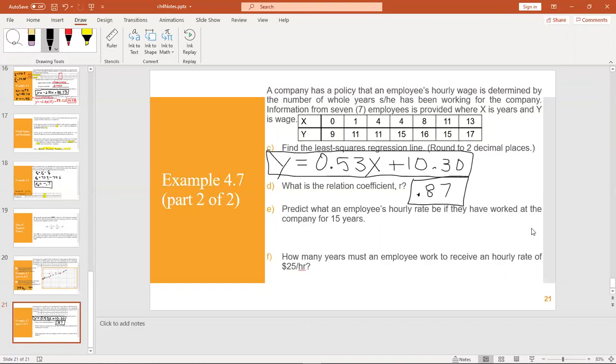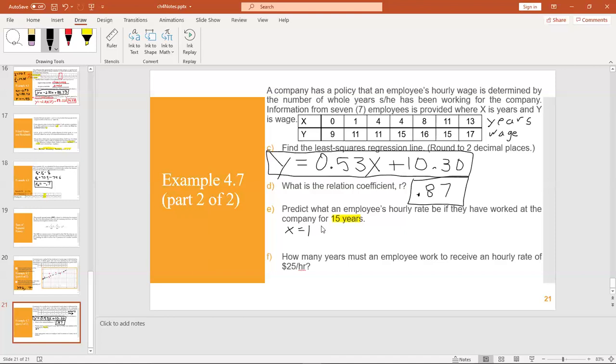Predict an employee's hourly rate if they have worked at the company for 15 years. So again, years is X and the wage is Y. So if they tell us years, that is basically telling us X is 15.